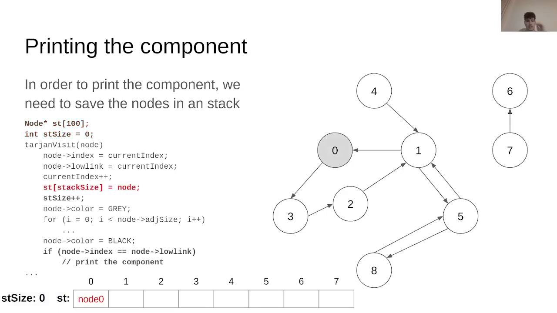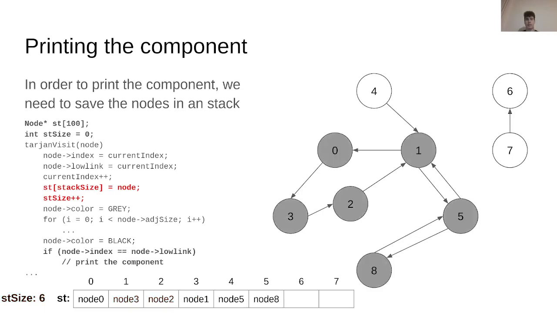When we start visiting 0, we put it on the stack and increment the size. When we start visiting node 3, we put it on the stack and increment the size. And so on. With each node, we put them on the stack until we have the array of all of the nodes of the component.